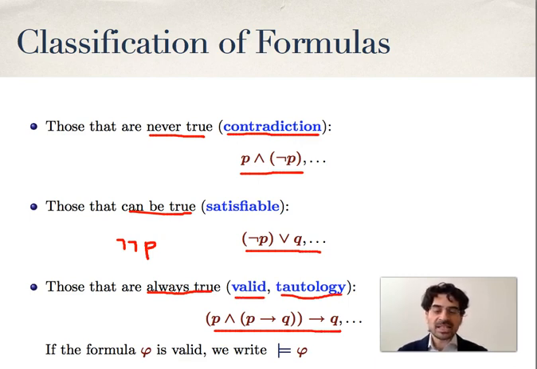Whenever a formula is valid, we write it this way. We use the symbol with the vertical bar and the two horizontal bars, and then we write the formula in question. This means that the formula is valid, or in other words, that the formula is always true, no matter the valuation we consider.